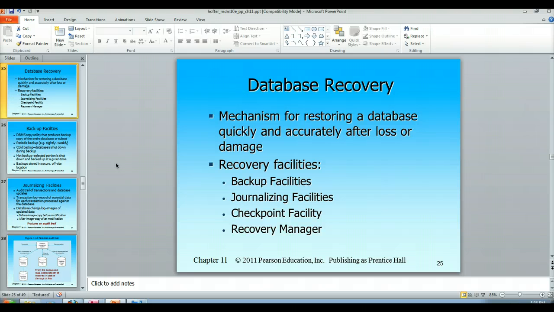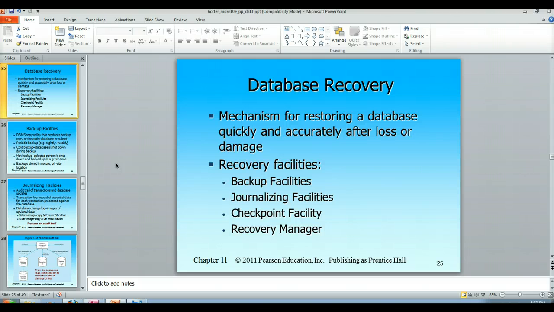There are four basic facilities associated with database recovery. One is the backup facilities, making backups of your data. Another is journalizing, which is keeping track of changes to the database in between backups.